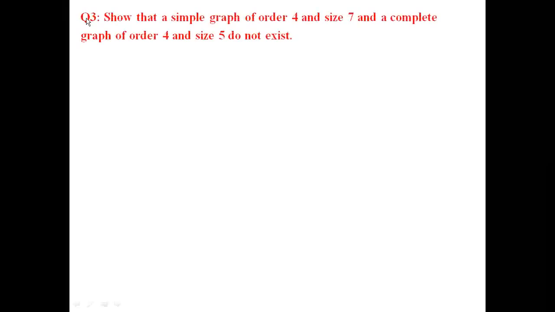Moving ahead to the next problem. Question. Show that a simple graph of order 4 and size 7 and a complete graph of order 4 and size 5 do not exist. So this is an application of the previous two results that we proved. We proved in the first problem that for a simple graph, m is less than or equal to half of n into n minus 1.